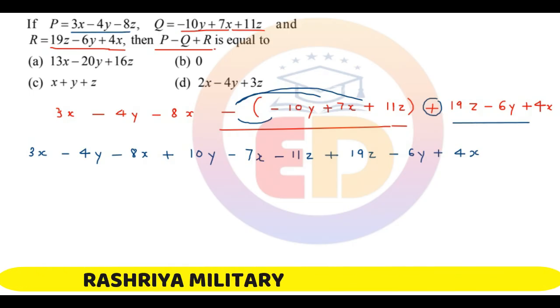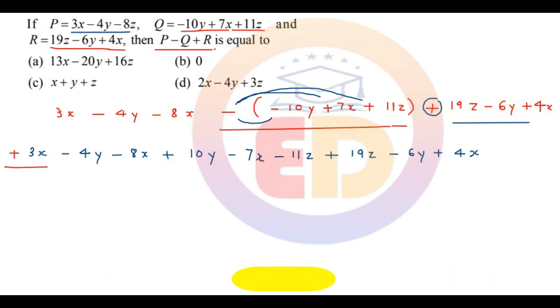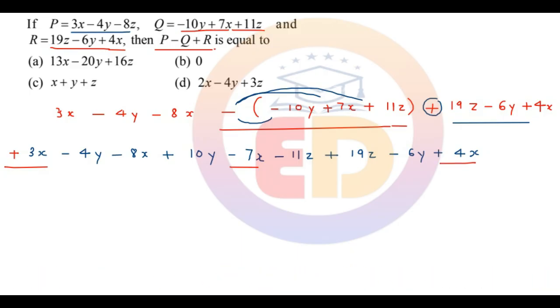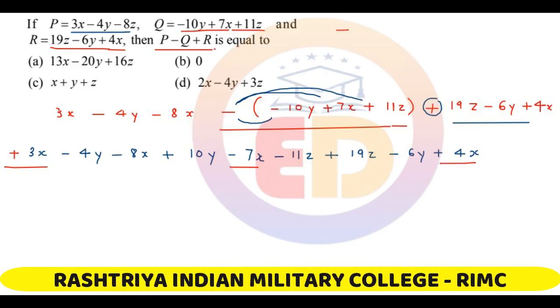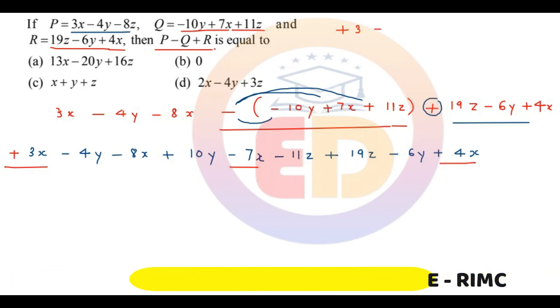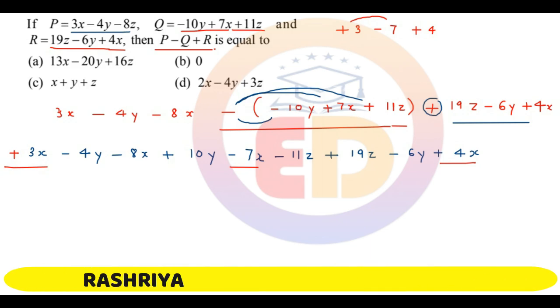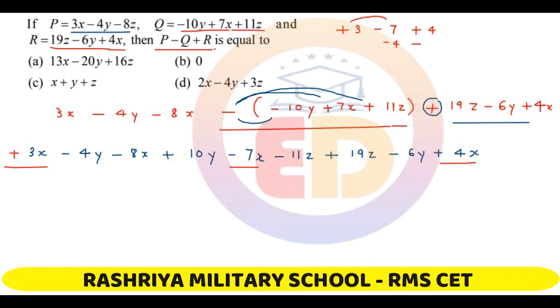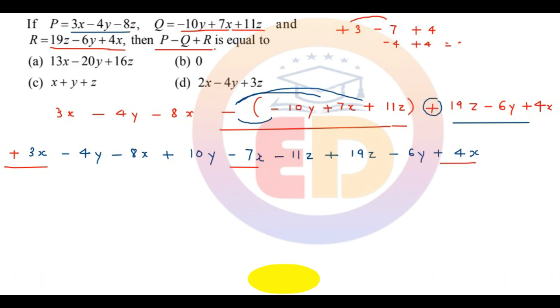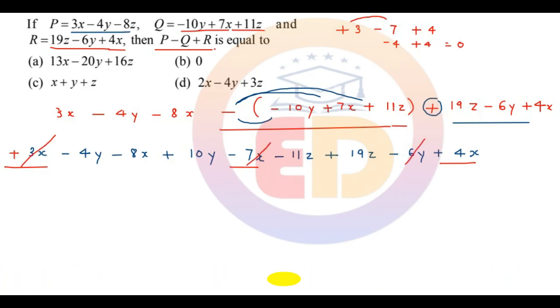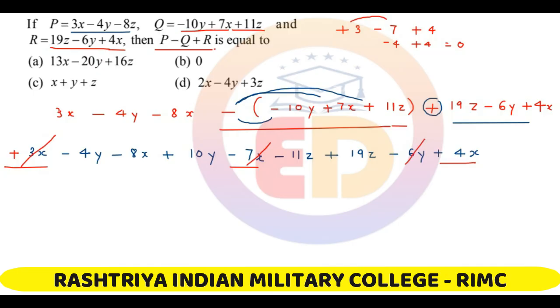Now let us consider the like terms. This is plus 3x, this is minus 7x, this is plus 4x, plus 3 minus 7 plus 4, plus 3 minus 7 is minus 4, minus 4 plus 4 is 0, so they all are cancelled. No need of writing a 0.